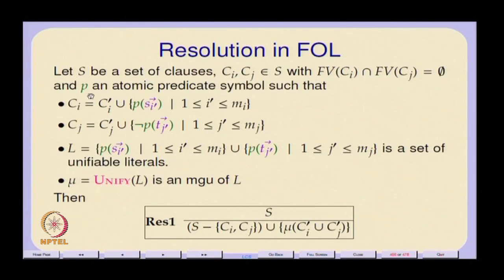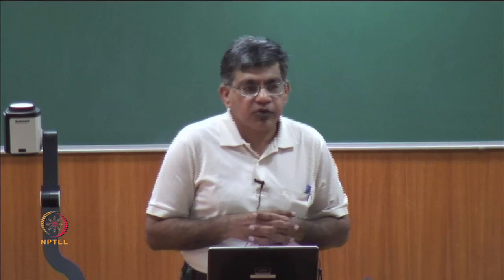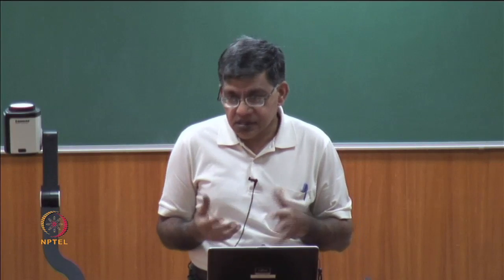You choose any atomic predicate symbol which occurs in positive form in one of the clauses and negative form in another of the clauses. So, the notion of a complementary pair, as generalized from propositional logic, should exist in some form here.